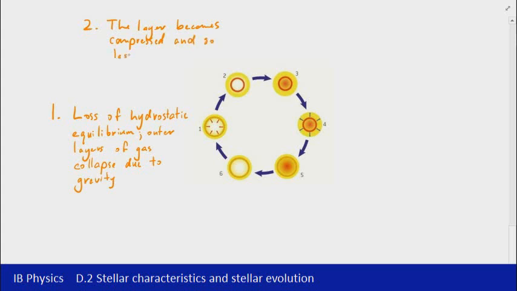By less transparent we mean that the electromagnetic radiation being radiated from inside the star is not going to be able to escape all the way outside the star, because the radiation is being absorbed by that layer. In the third stage, because we have that increase in the layers being compressed, the temperature in the layer then increases.